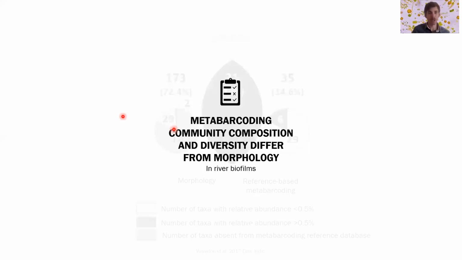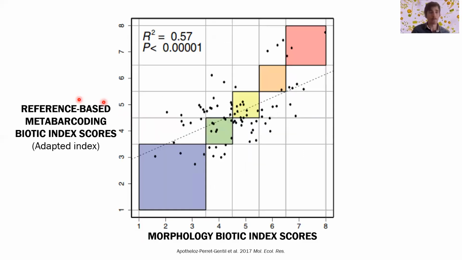So metabarcoding community composition and diversity differ from morphology, but what about assessments? In some work on diatom streams in Europe, they compared reference-based metabarcoding biotic index scores using an adapted index to morphology biotic index scores and saw a fairly strong relationship, an R-squared of 0.57. So a strong relationship, but there's definite variability.